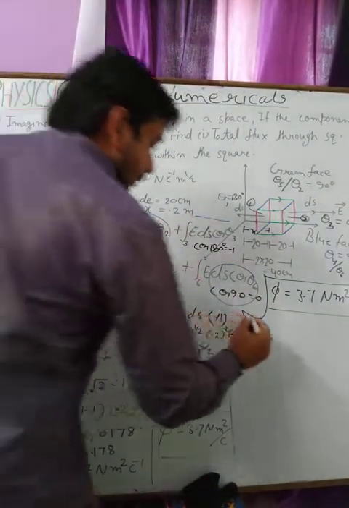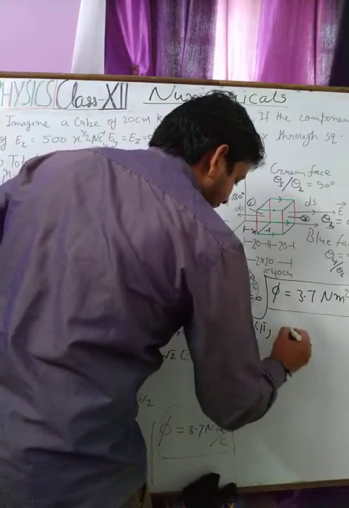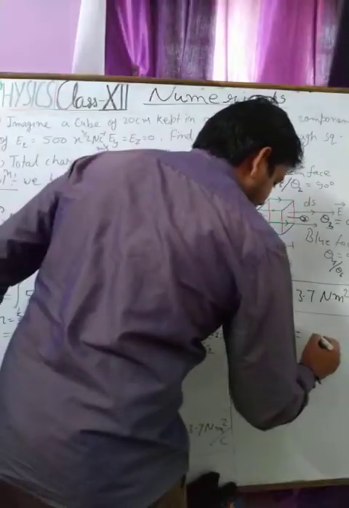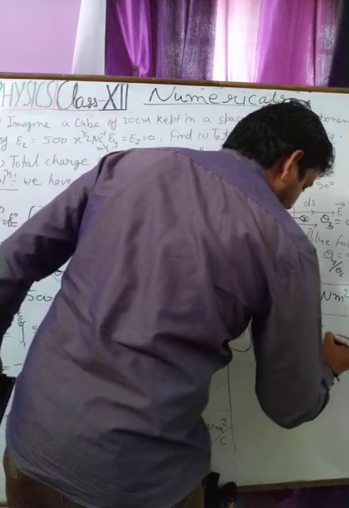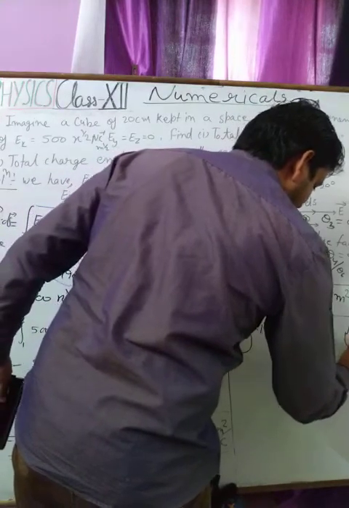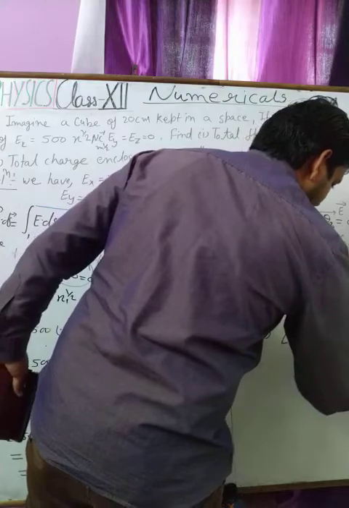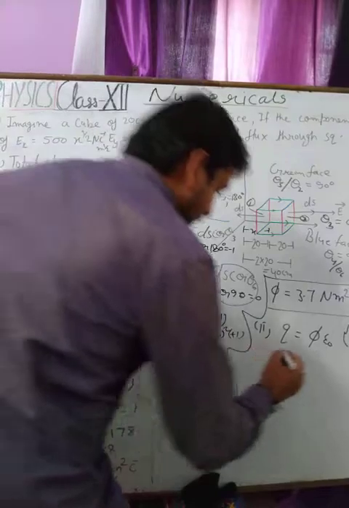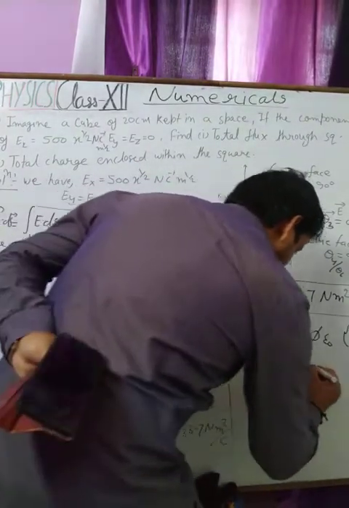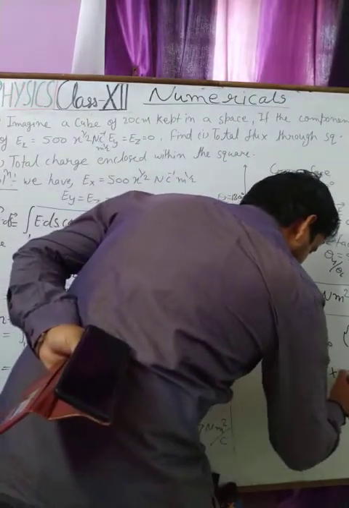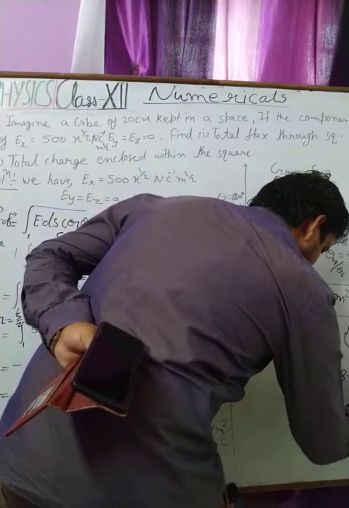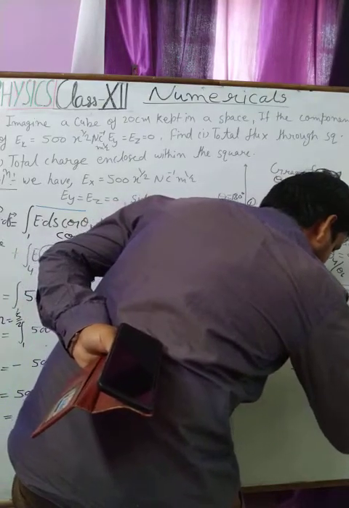Now the second point is total charge. Total charge is given by phi into epsilon naught. With the help of the formula, flux is Q upon epsilon naught. Now we have the value 3.7 into 8.85 into 10 to the power minus 12.